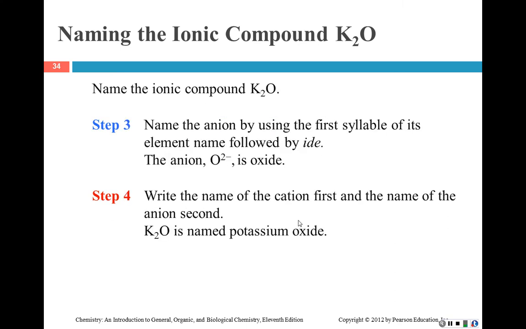Potassium's easy because it's just going to be the name of its element. And for oxygen we're just going to use that first syllable, ox, and then add the suffix IDE to it, and so it becomes potassium oxide. I know this is an ionic compound because it is composed of a metal and a nonmetal.